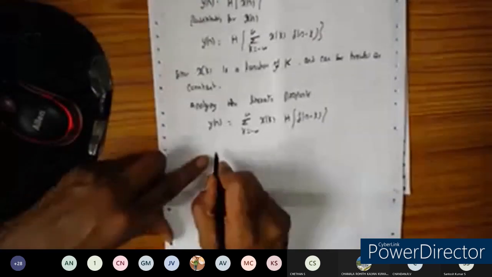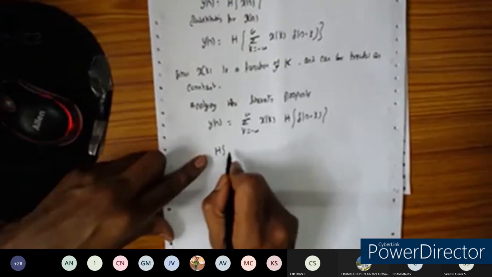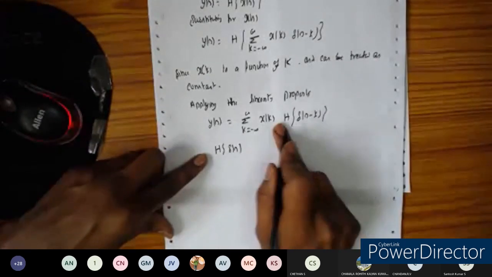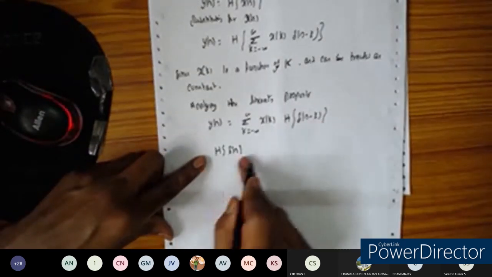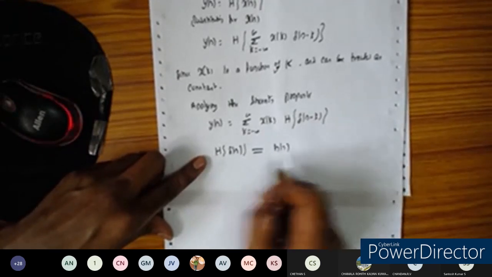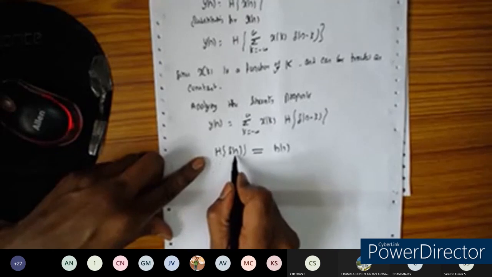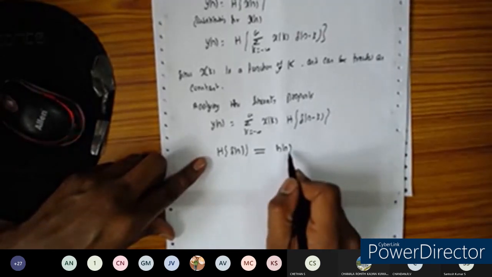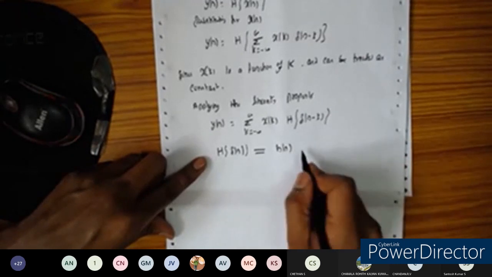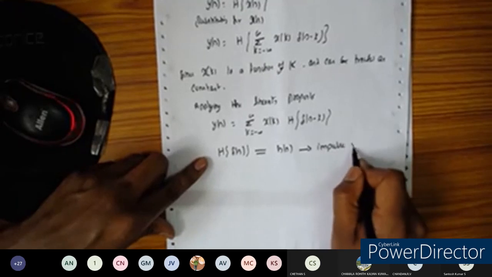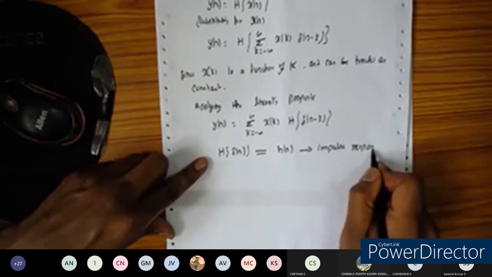This H is the system operator. If I take H of delta of n, this is the concept of linearity applied here, and we call it h of n. For the system, I give the input delta of n, and whatever output I obtain is called the impulse response, h of n. I gave the definition of the impulse response in the beginning.